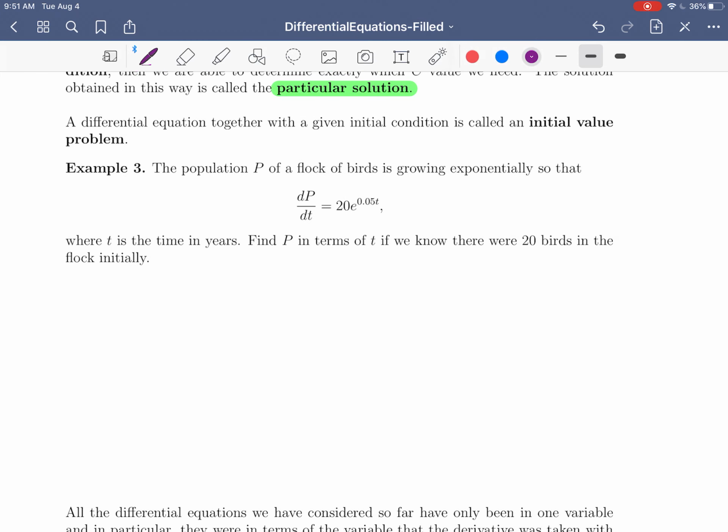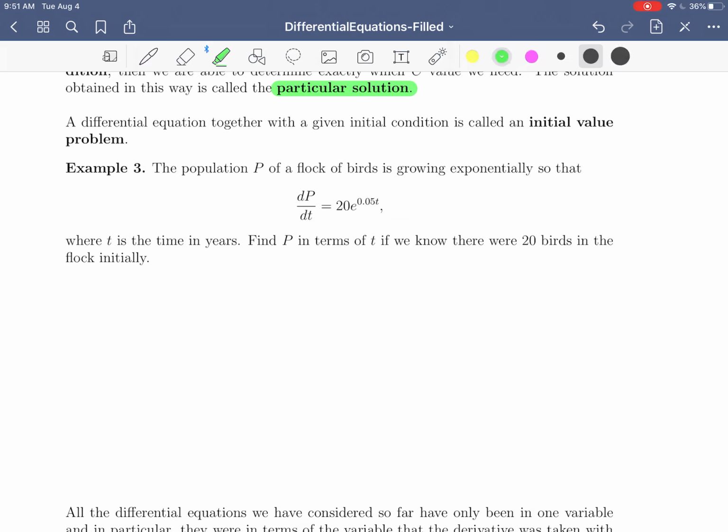So suppose the population P of a flock of birds is growing exponentially, so that we know that the rate of change of P is equal to 20 e to the 0.05 t, where t is in years. We want to find P in terms of t if we know that there were 20 birds in the flock initially.